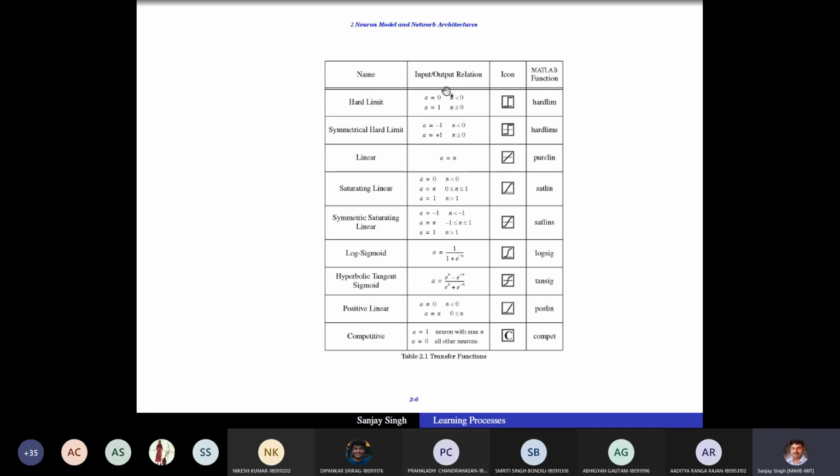Hard limit is nothing but the thresholding function. Basically, whenever the value is greater than 0, it is 1. Otherwise, less than 0 means 0. Symmetrical hard limit means -1 and +1. Linear, you know, is basically whatever the input is, the same is the output. Saturation, so you set linear, etc. Similarly, you have log sigmoid, tangent function, positive linear, competitive, etc.